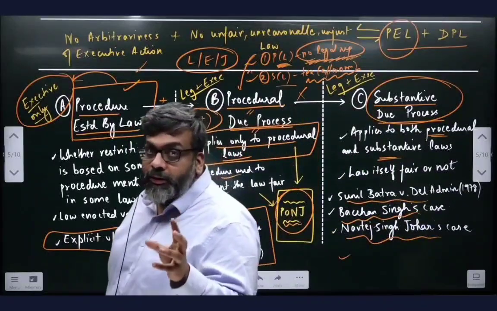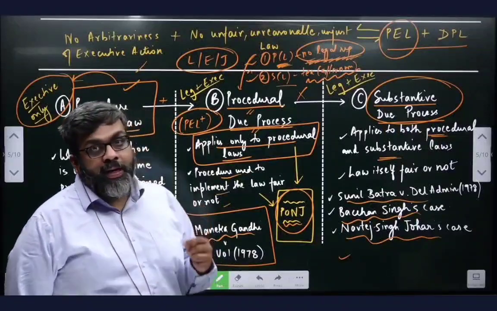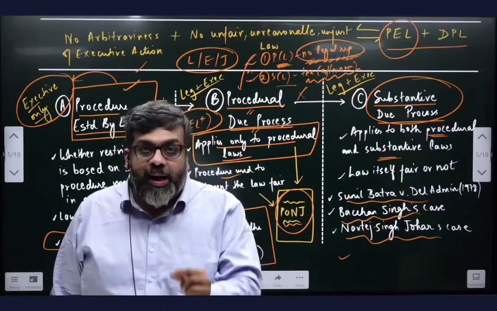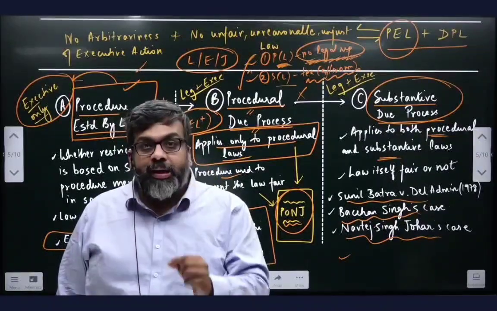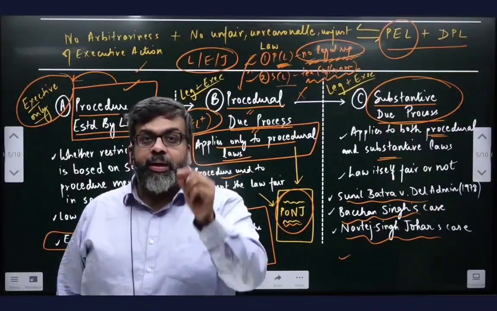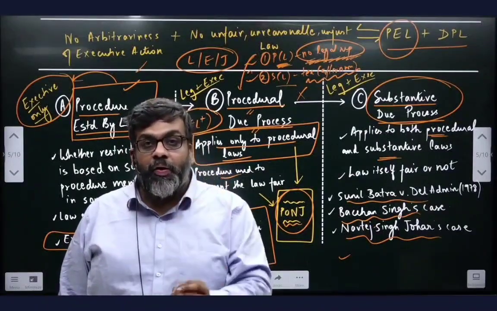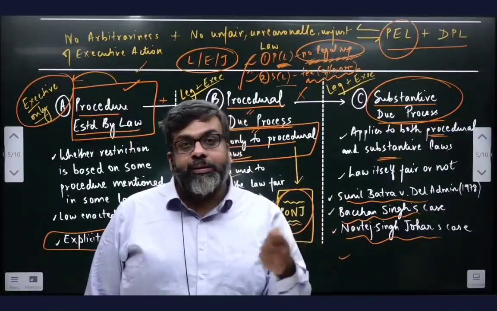Now, going back to 5 minutes ago when we were speaking about principles of natural justice. Principles of natural justice is to check the fairness of the procedure, is to check whether the procedure is fair or not, is being applied fairly or not, is the procedure inherently a good procedure or not.